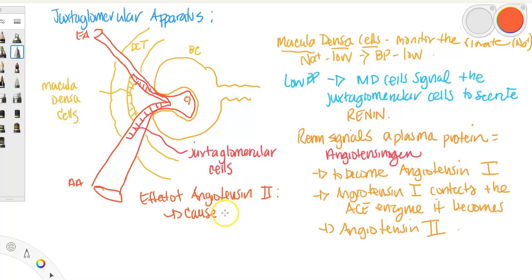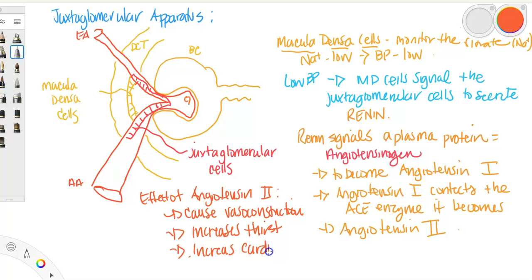Angiotensin 2 causes vasoconstriction. Is that vasoconstriction just at the afferent arteriole? No, it causes vasoconstriction all over the body. We're trying to increase blood pressure. It also increases thirst and increases cardiac output.